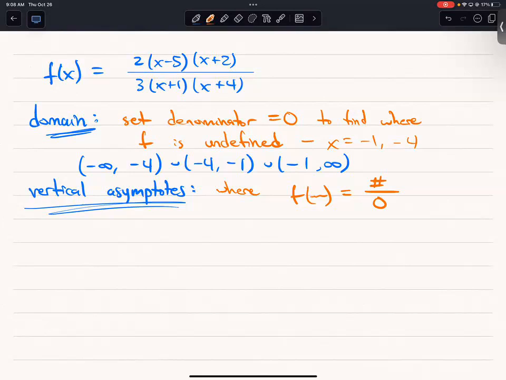When you divide by something that's almost 0, you get back a really big number as a result. That's why functions do what they do near vertical asymptotes, where they get really steep or sharp or start climbing really fast. So that means that this has vertical asymptotes at x equals -4 and x equals -1.